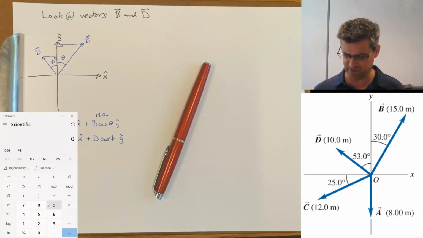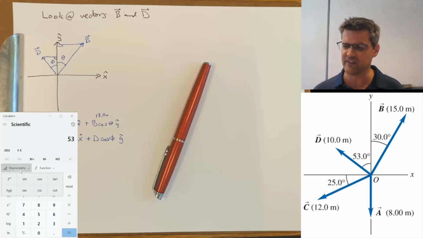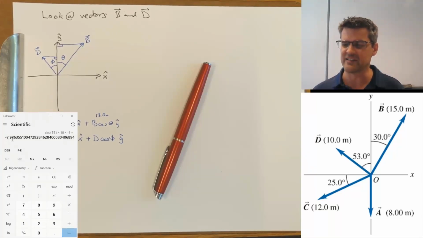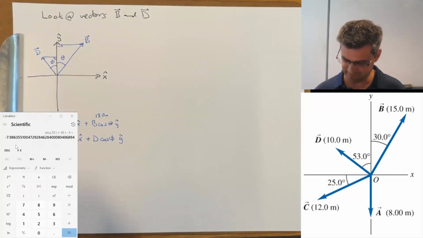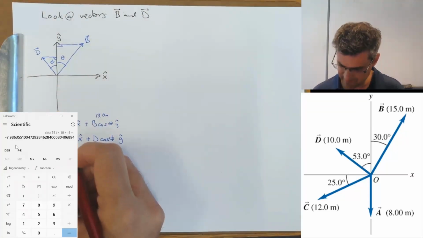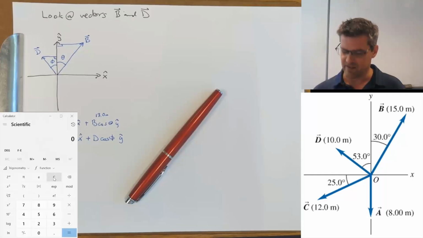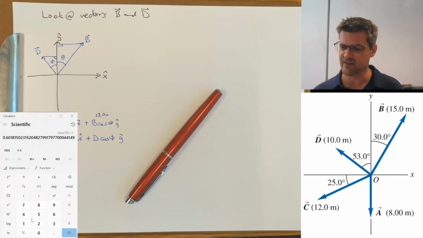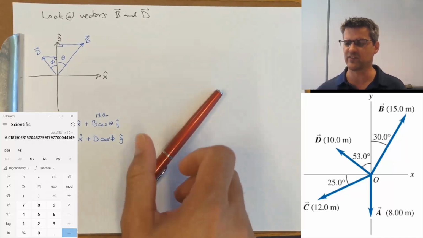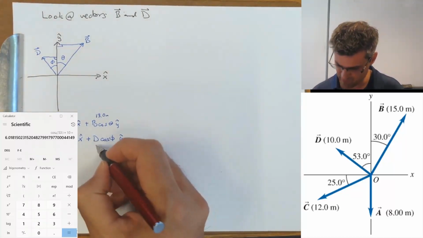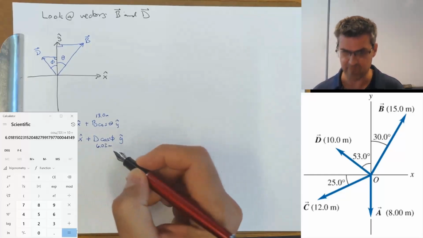So phi is 53 degrees according to our picture, so sine of 53 times D, which is 10, times negative 1, is minus 7.99 meters in the x, and 53 cosine times 10 is 6.02 meters.